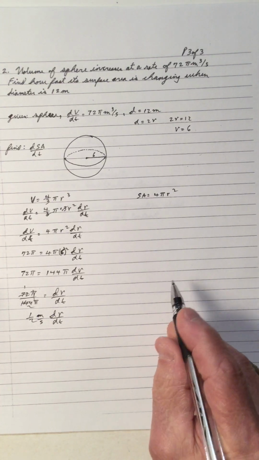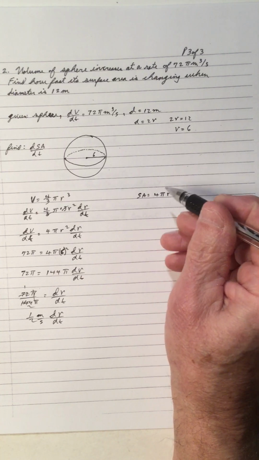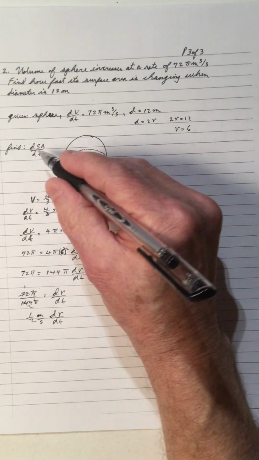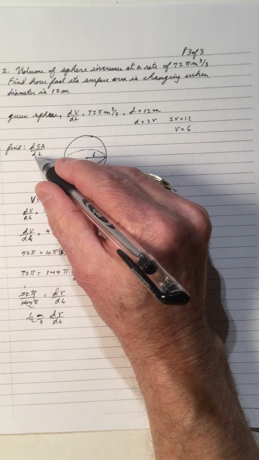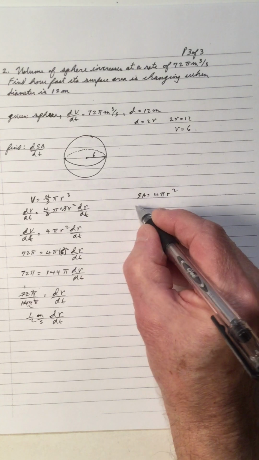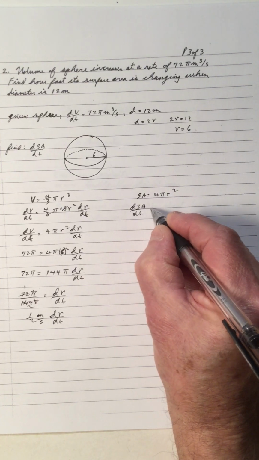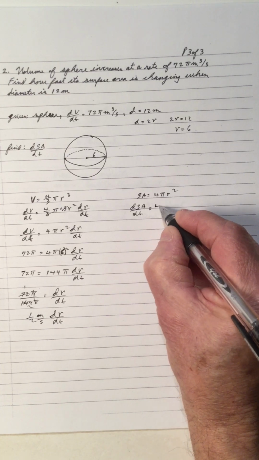Now we have to work out what the surface area rate is. So we have to do d/dt on both sides, which is dSA/dt. And this is a constant of 4 pi.